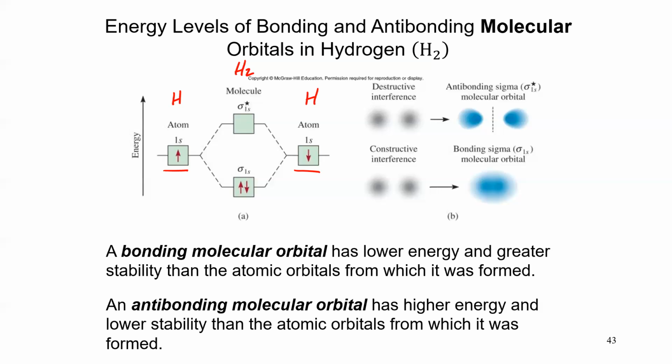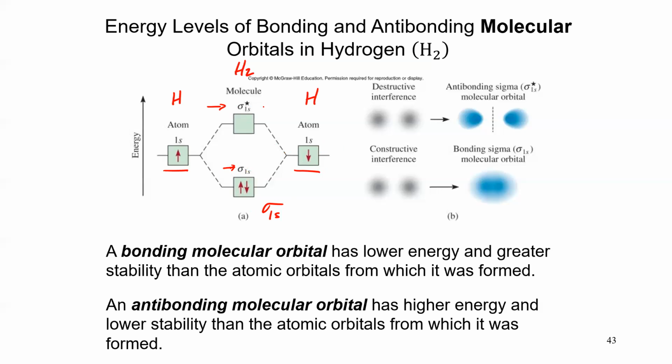Now we're going to take an s orbital from one hydrogen and an s orbital from another hydrogen, and we're going to make two sigma orbitals. Here you see we have a sigma, and we just put a little 1s underneath it to signify what atomic orbitals that molecular orbital came from.